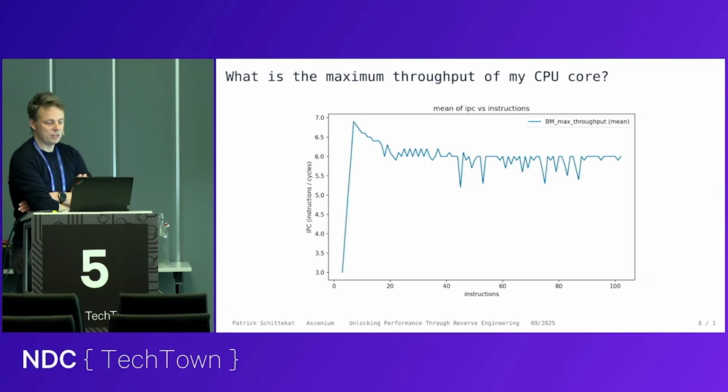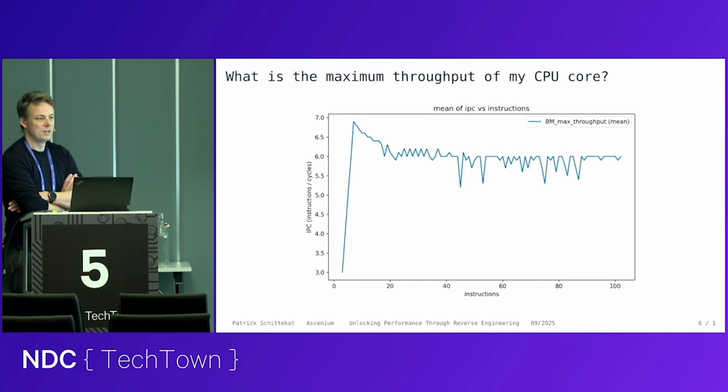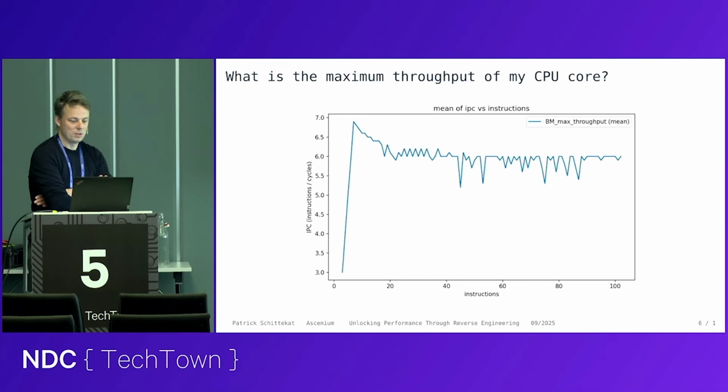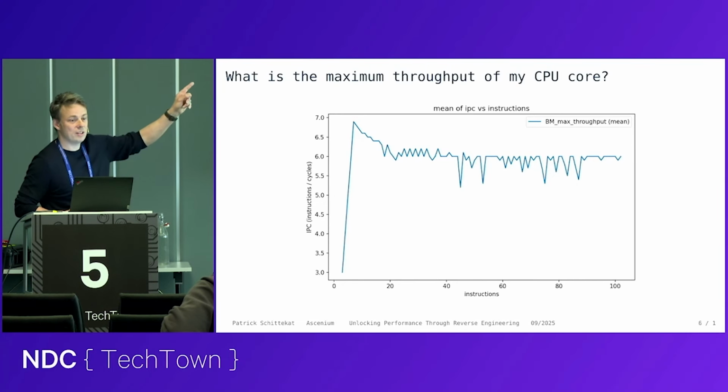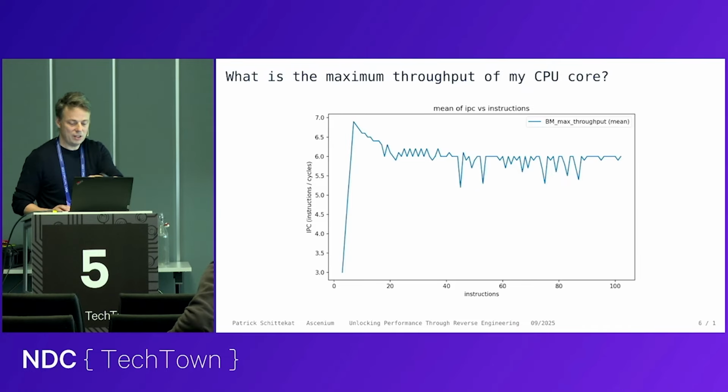So what do you notice? Yeah, so that's your average, and in the beginning it's really low, so probably because this tool has something. Yeah, correct. In the beginning, and for some other reason too, but you have almost 7 instructions here, and then it goes down to 6.